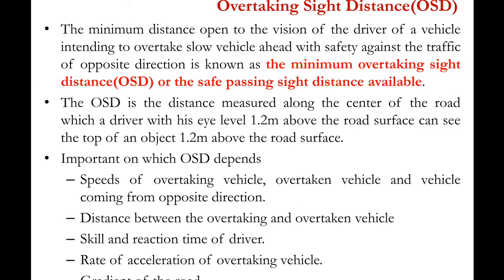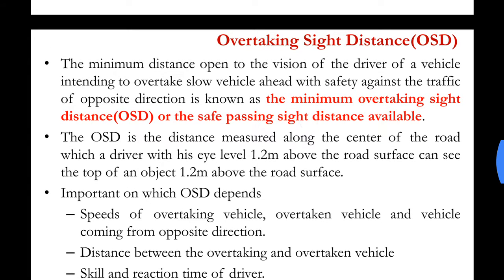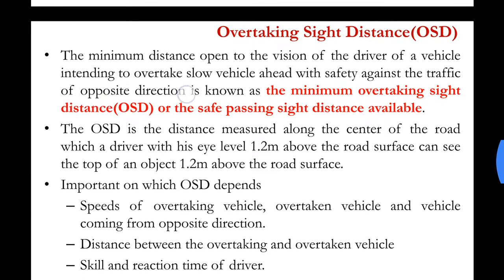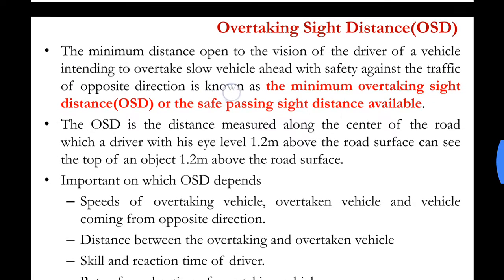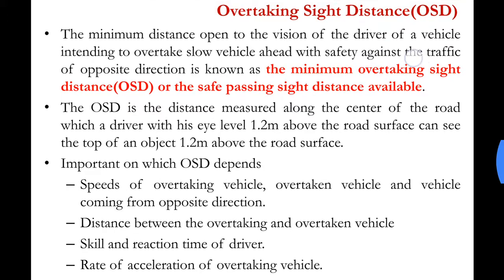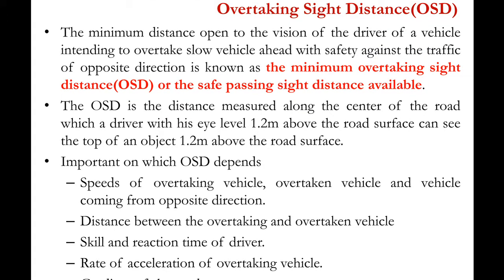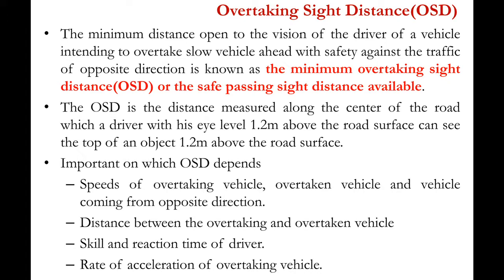It is the distance available to the driver who is moving at design speed to overtake a slower moving vehicle, with no hamper of safety from the opposite direction. So the opposite moving traffic should not affect the safety of this overtaking operation. That length of road or that distance required to overtake is known as overtaking sight distance.